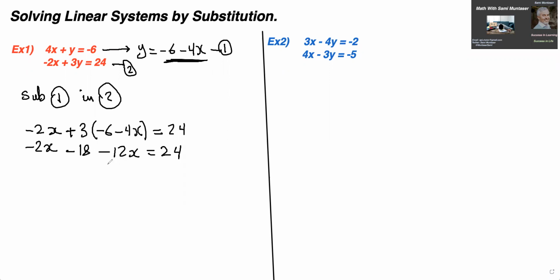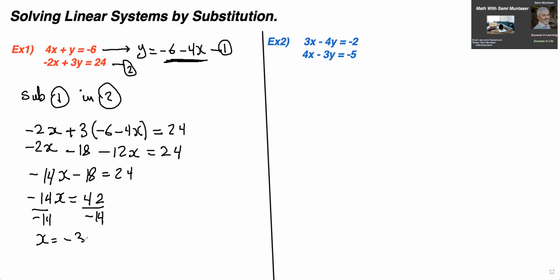All right. So now you add like terms. So -2x minus 12x is -14x minus 18 equals 24. Move the 18 to the other side, so you get -14x equals, when you move the -18 to the other side, it becomes positive, so that gives you positive 42. Now divide both sides by -14, and you get x to equal -3.